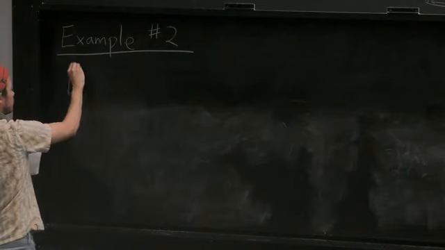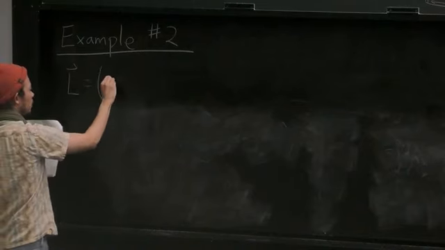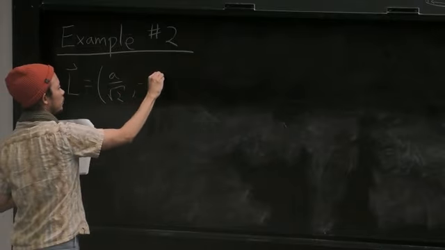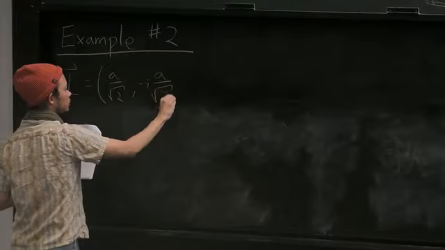So L equals A over root 2 minus iA over root 2. These root 2's are just going to be convention, okay?